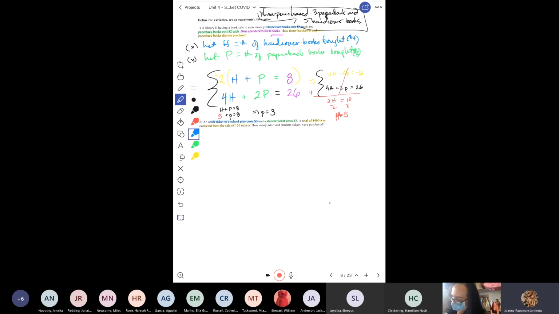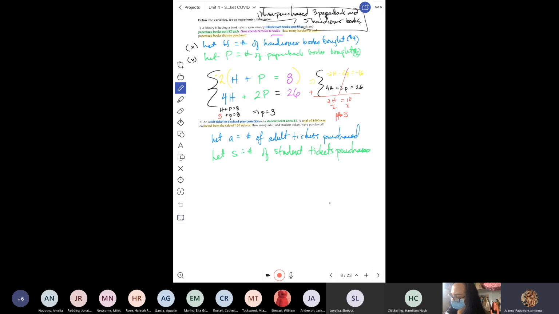We need to define our variables. So let A equal the number of adult tickets purchased, and let S equal the number of student tickets purchased.